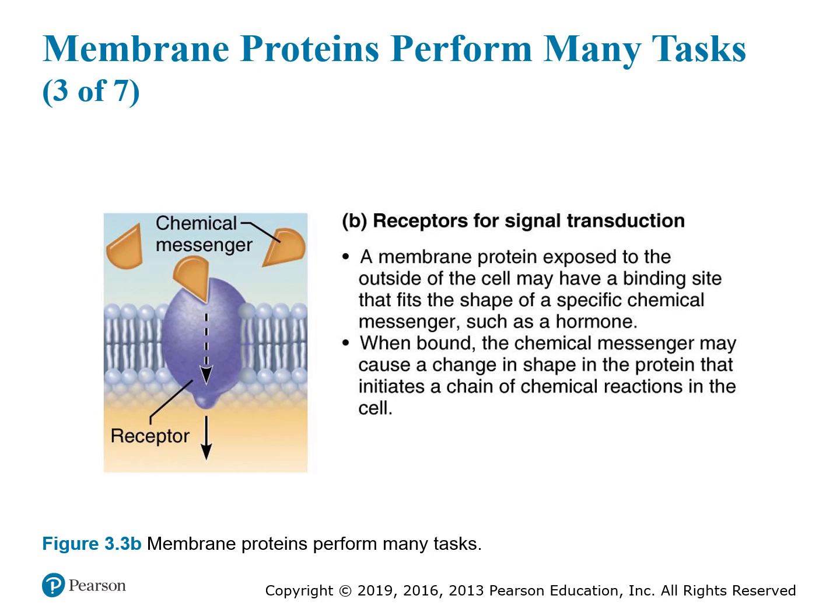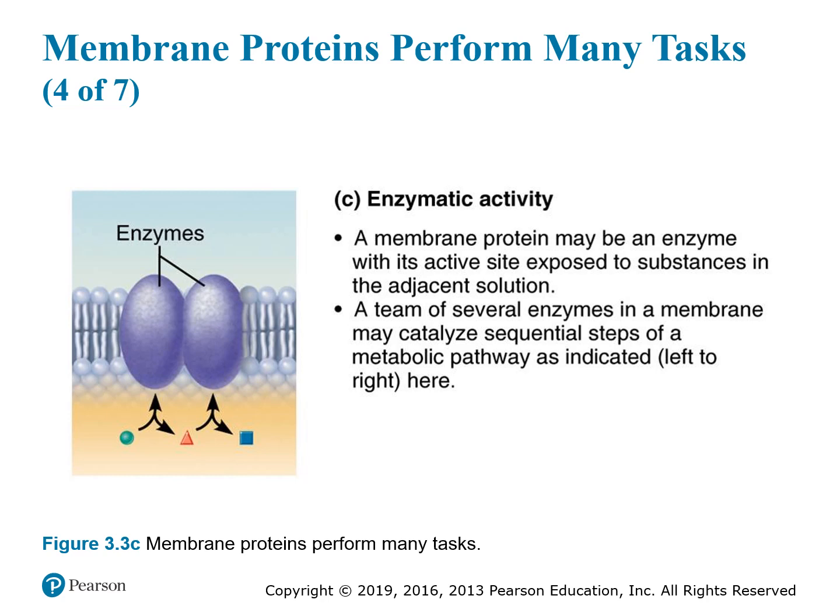Some of these are acting as receptors for signal transduction. So a messenger binds, there's some sort of change of shape to that protein, it releases something on the other side or has some action on the intracellular side, resulting in an effect. Some of these catalyze reactions. They have enzymatic activity.